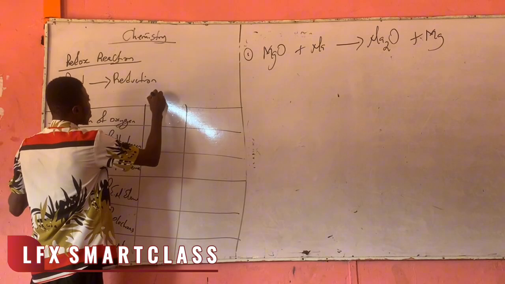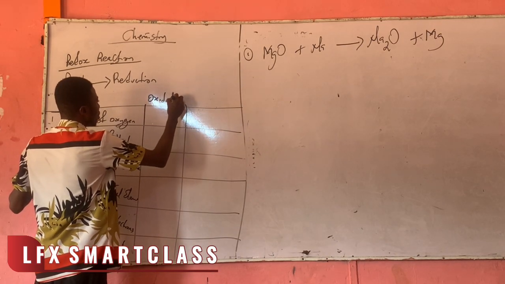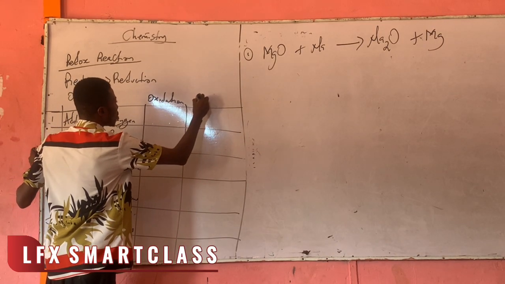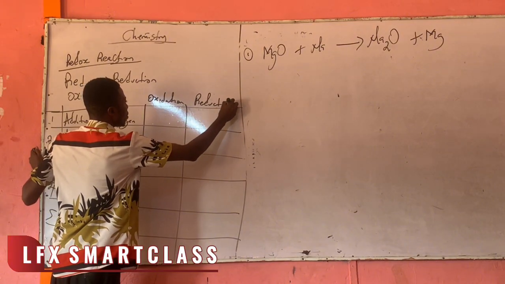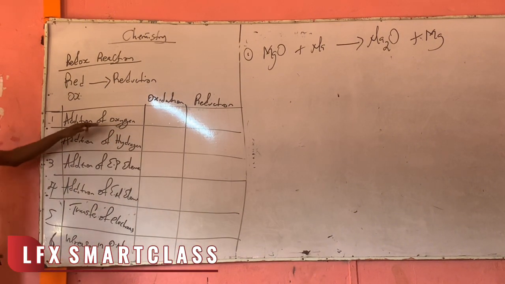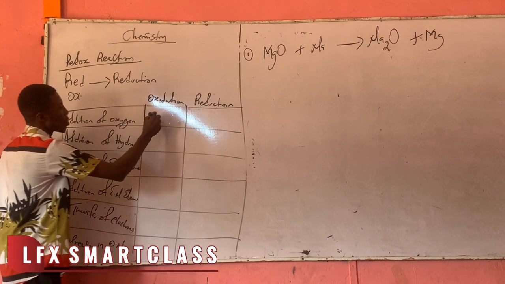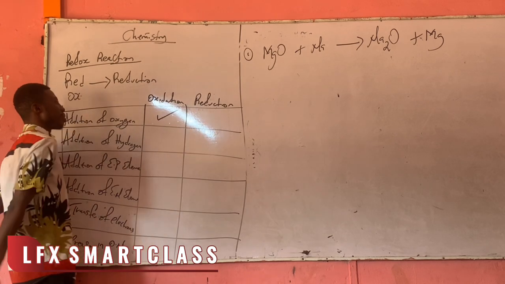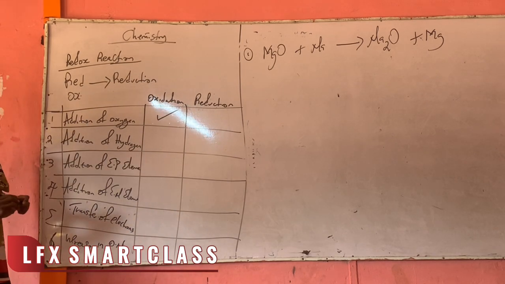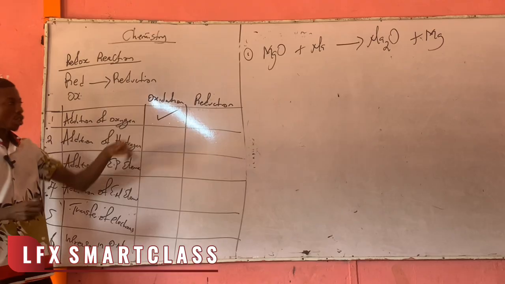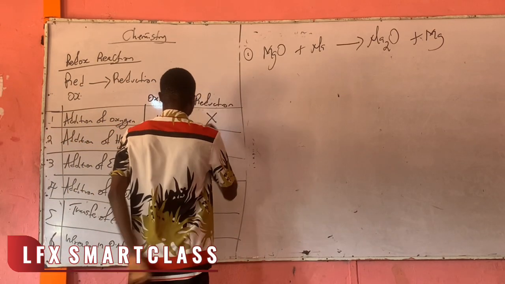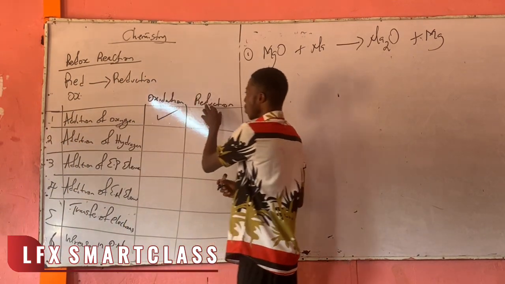Up here we have what we call oxidation, and here we have what we call reduction. Addition of oxygen is oxidation. Removal of oxygen will now be what? Reduction.